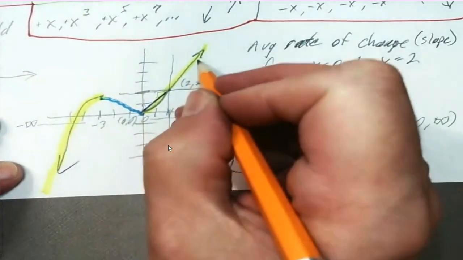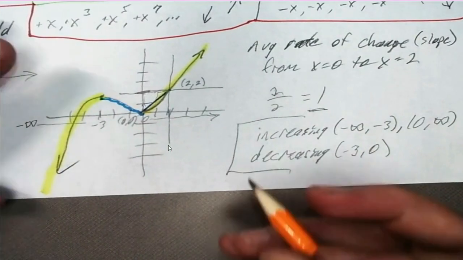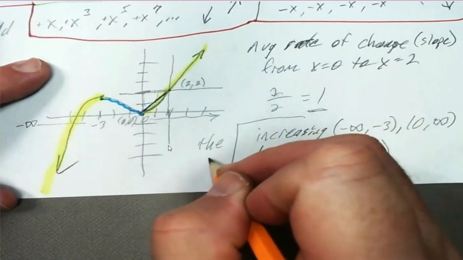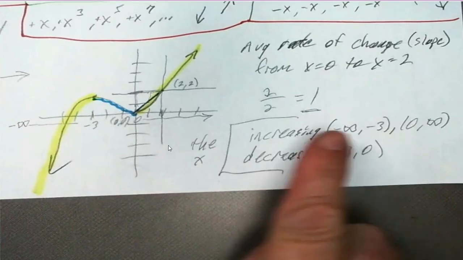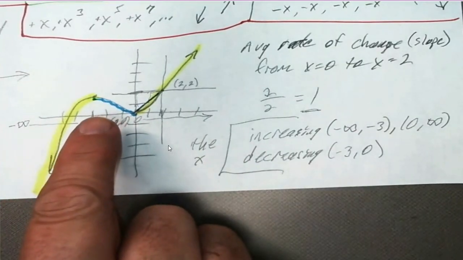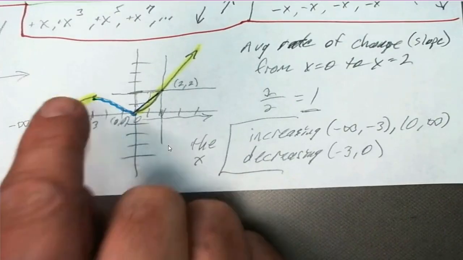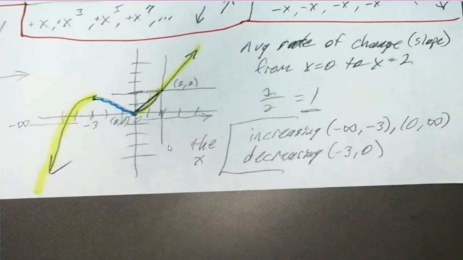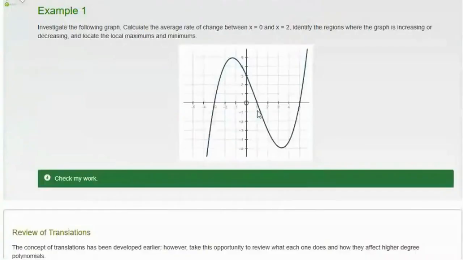The y's are getting bigger that whole time. So that's what this is looking at. When the x is negative infinity all the way up till the x is -3, it's increasing. At -3, it's not increasing or decreasing. That's where it's flat, right there at the top. That's why we put parentheses instead of brackets. That's what this is talking about.